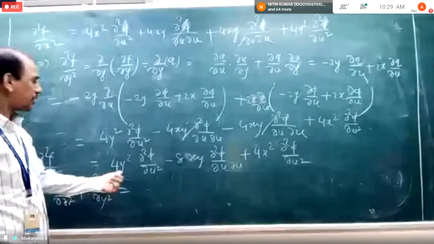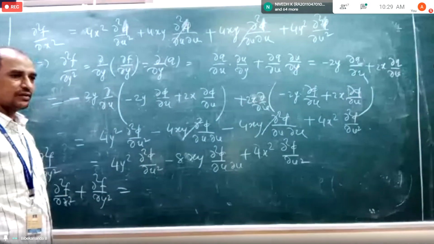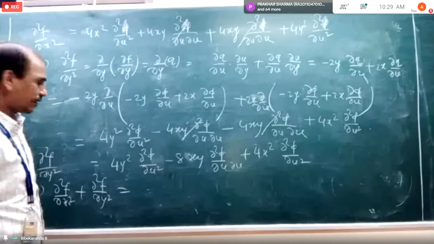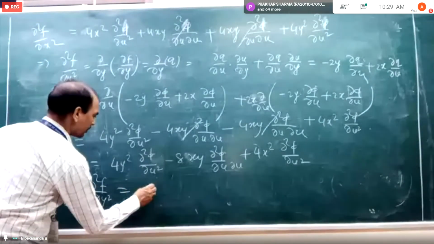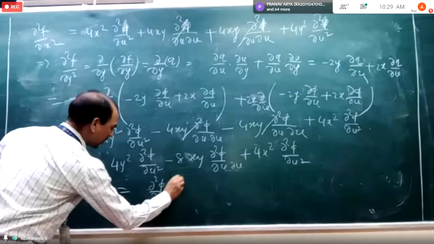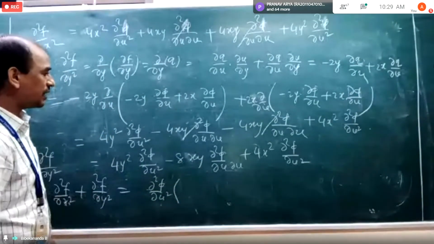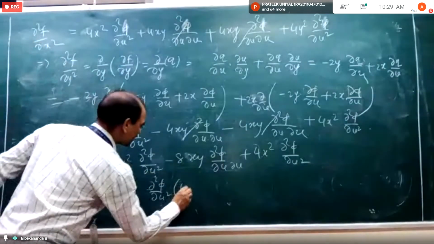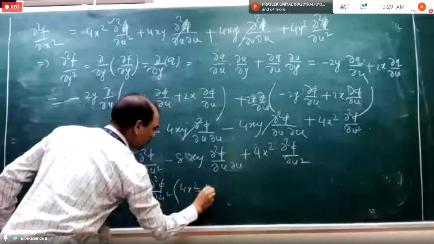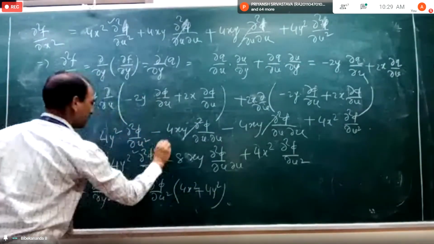Is there any term here in the second expression? Yes, sir. 4x² ∂²φ/∂u² I am taking common. Then other remaining terms are 4x² from here, and also 4y².